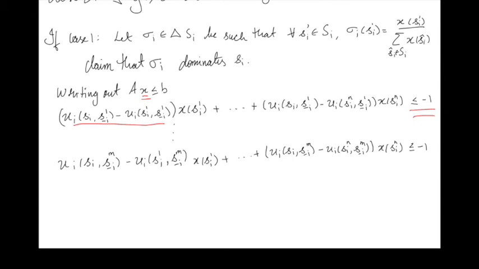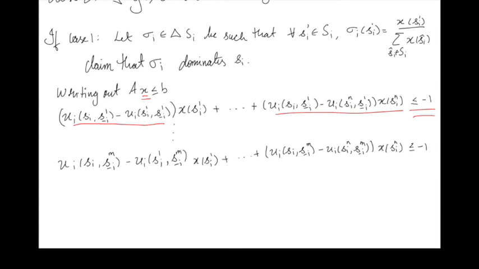We keep adding until we get to the last term, which is the utility difference from playing Si versus the nth strategy when everybody else plays the first strategy profile times the last component of x.